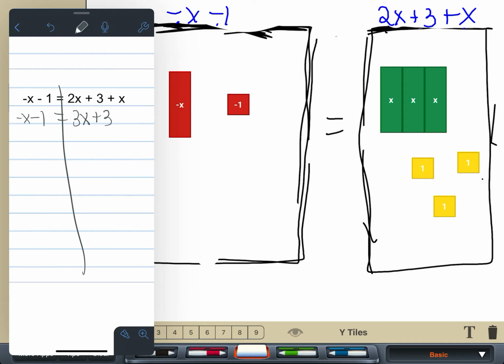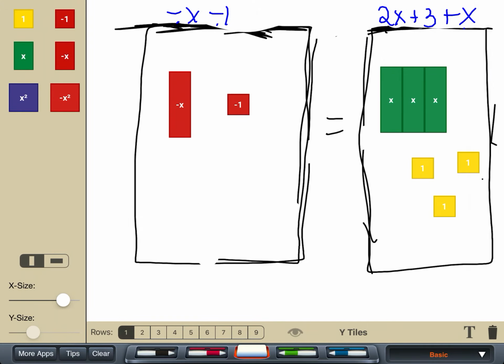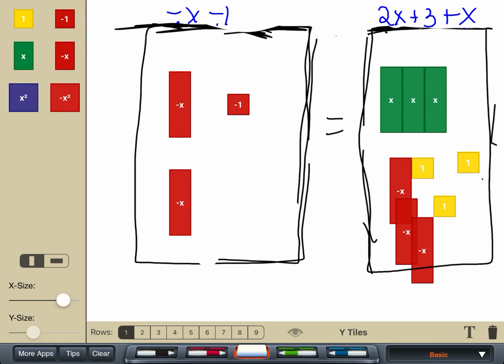And then from here, I'm actually going to zero out the 3x's just to show you what to do with the negatives on the tiles. So I'm going to get rid of the 3x's, and I usually zero out the variable first, so I get all the x's or y's or whatever on one side. So I can zero that out by adding negative 3x to both sides.